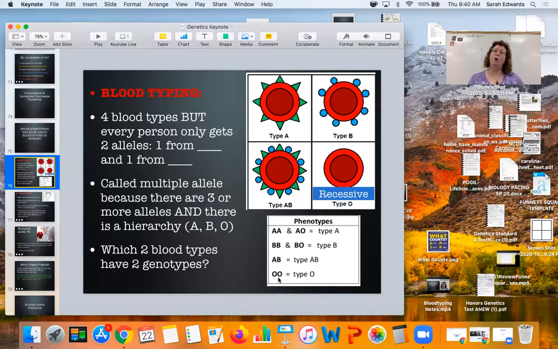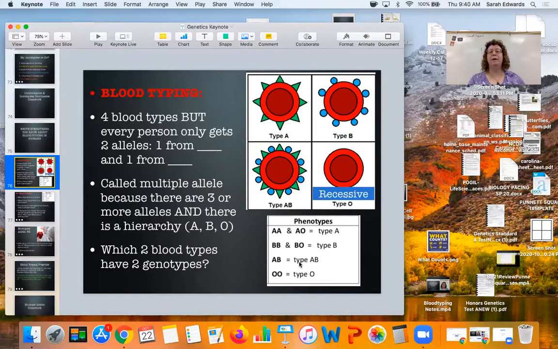If you have O blood, that is the recessive blood type. So you are lowercase o, lowercase o. So to have O blood, both parents must give you O. AB blood and O blood only have 1 genotype and 1 phenotype.